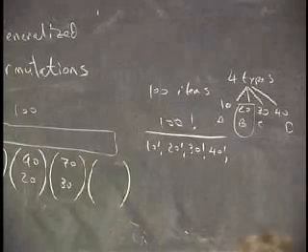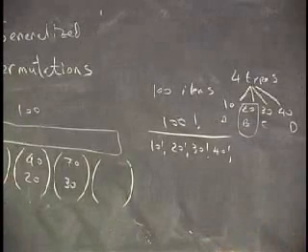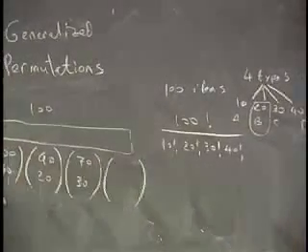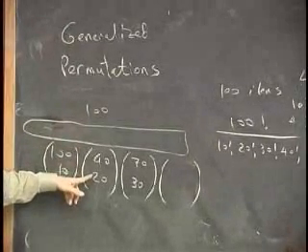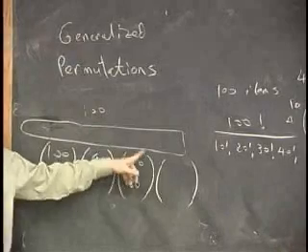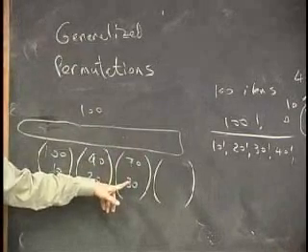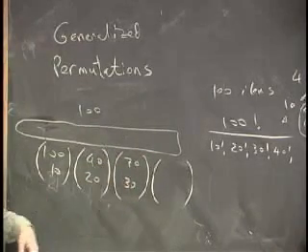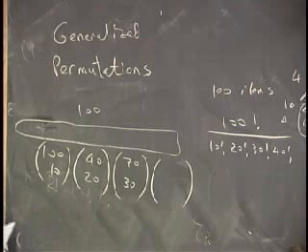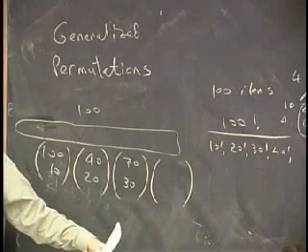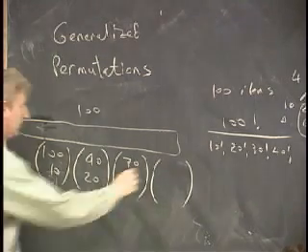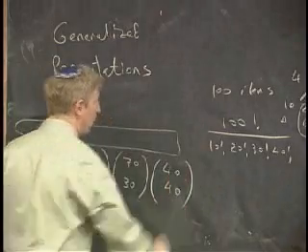Everybody see what's going on? Let me make it clear if not everybody gets it yet. If I've chosen 10, then there's only 90 slots left. I pick 20 of those for type B. Now there's only 70 slots left. I pick 30 of those for type C. And now there's only 40 left. That should be pretty clear, right? Because once I put the A's and the B's and the C's in, I don't have any choice for my last item. And that makes a lot of sense that it should be just 1.